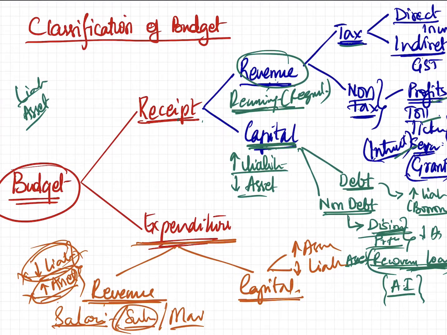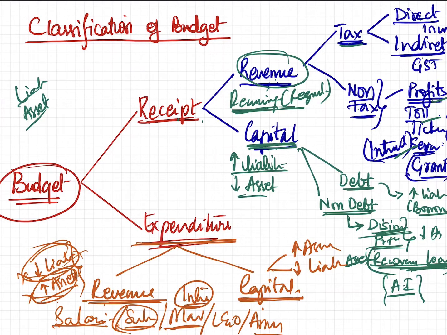No. Does it increase asset? No. Similarly, maintenance cost, law and order, money spent on paying salaries, or even for the army, military, or paying interest for the loans that the government has taken. Does that create any asset? No, the interest payment does not create any asset. So therefore it is also revenue expenditure.